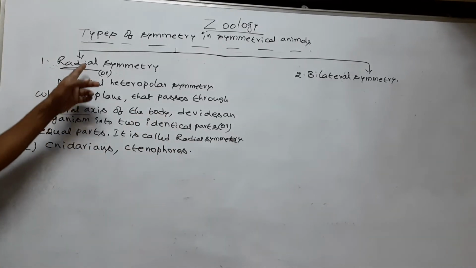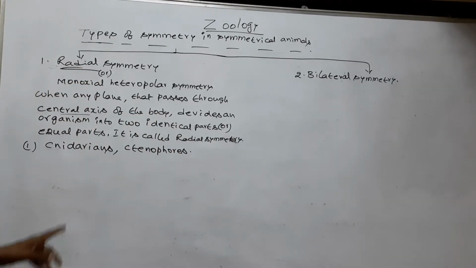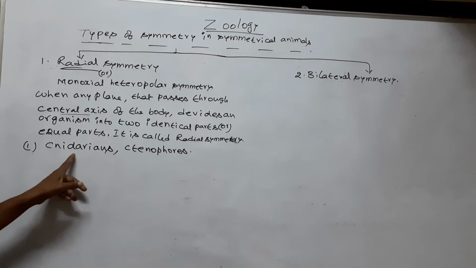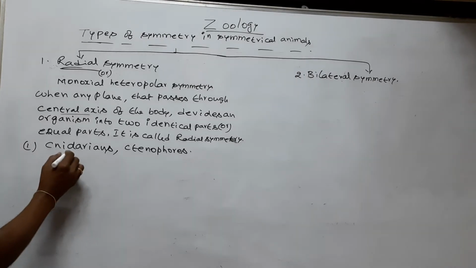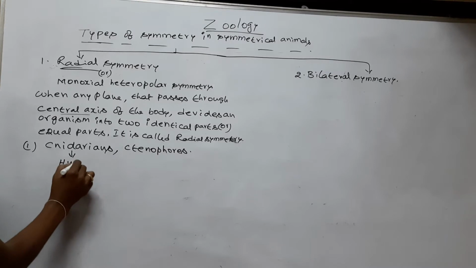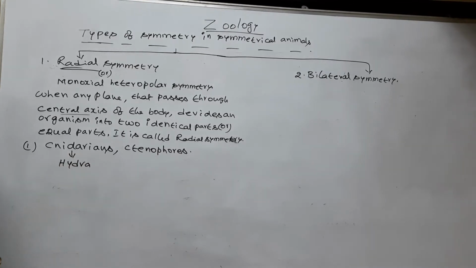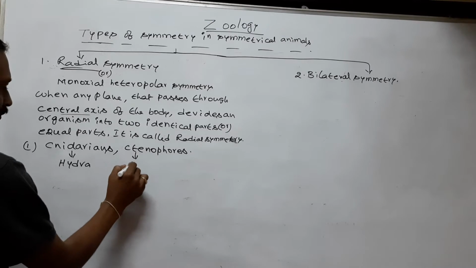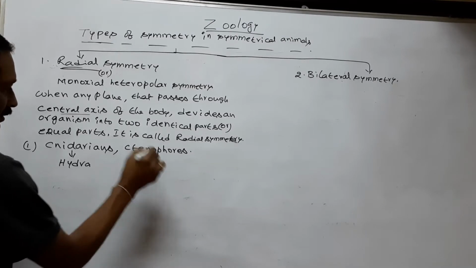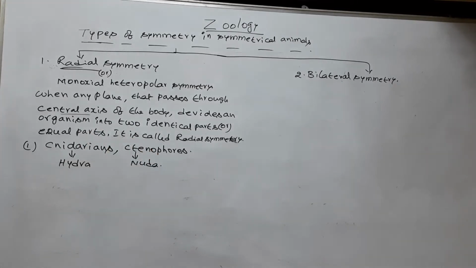Examples of cnidarians are Hydra. The best examples of cnidarians are Hydra, Obelia, etc. An example of a ctenophore is Nuda.